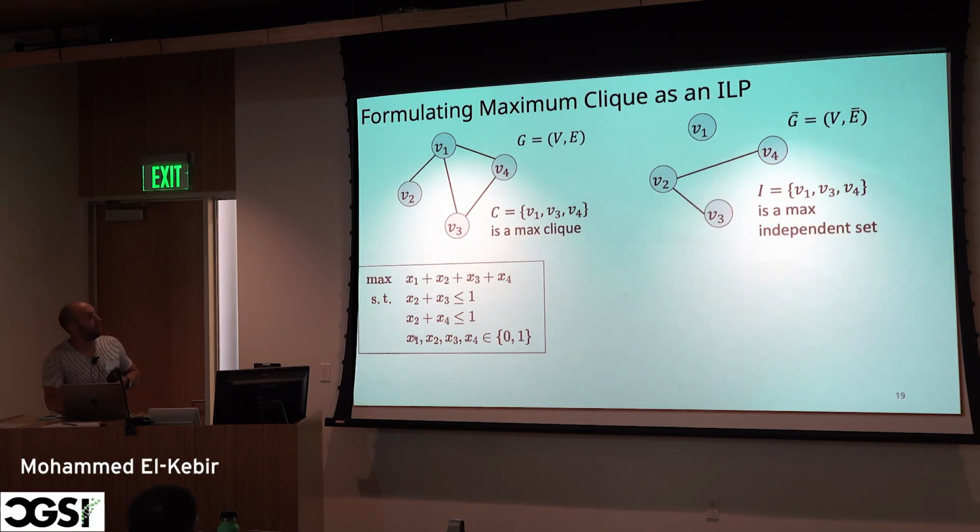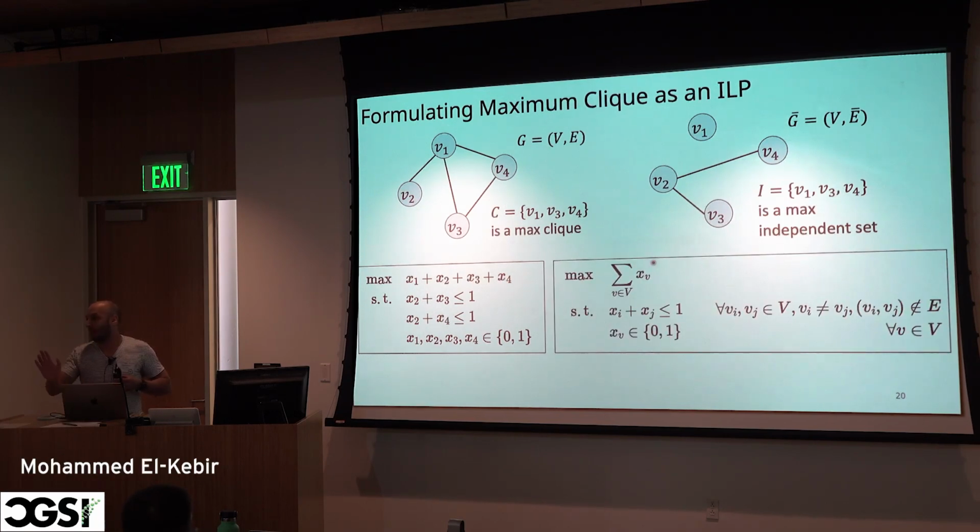And the way you can encode that is over here. You would say x2 plus x3 is at most 1. Because if you took both, they would both be 1, and that would equal 2, but you can only take 1. That's why there's this at most 1. So that's how you can encode this problem, and you can do this for general graphs.